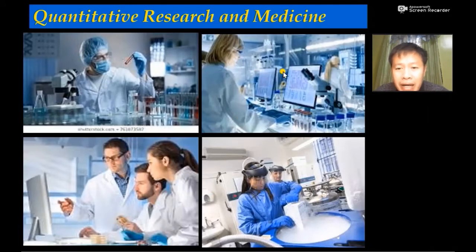If they are using chemicals, they are going to measure the chemicals. If they're going to measure the chemicals, numbers are involved. That is why quantitative research is very important in discovering the cure or the medicine of a certain sickness.